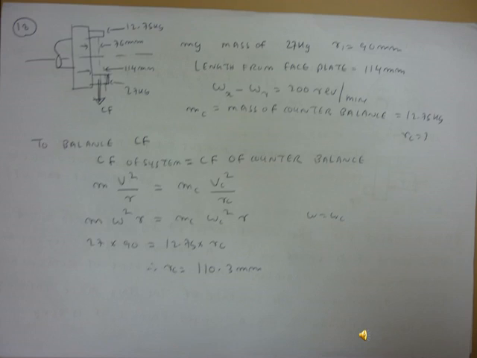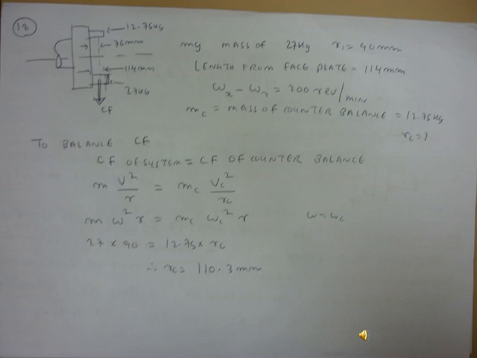The rotation speed is 200 revolutions per minute. So in this case, we have to calculate the counterbalance mass MC. The counterbalance mass MC is equal to 12.75 kilograms. So we have to calculate RC. To balance the centrifugal force, the system centrifugal force must be equal to the counterbalance centrifugal force. The system centrifugal force can be calculated as M V squared divided by R, and the counterbalance centrifugal force can be calculated as MC multiplied by VC squared divided by RC. So M V squared by R equals MC VC squared by RC.